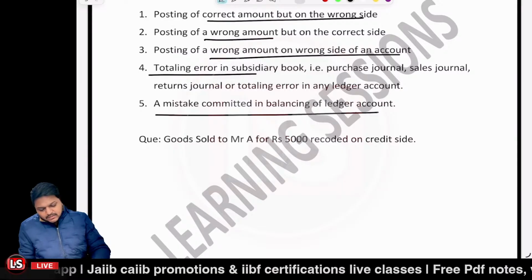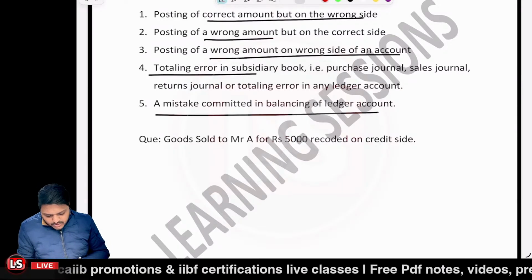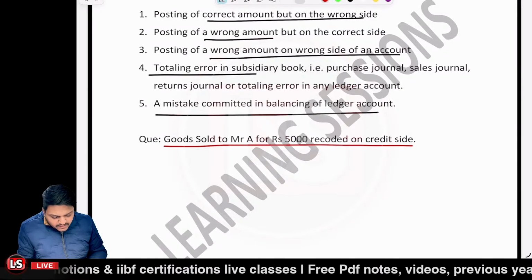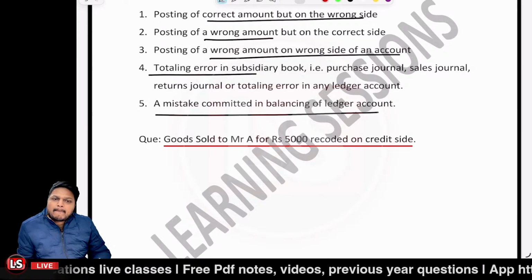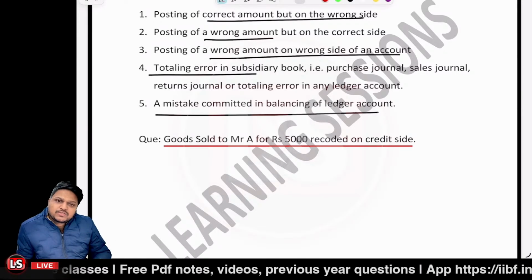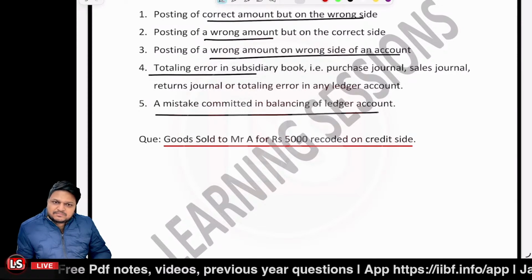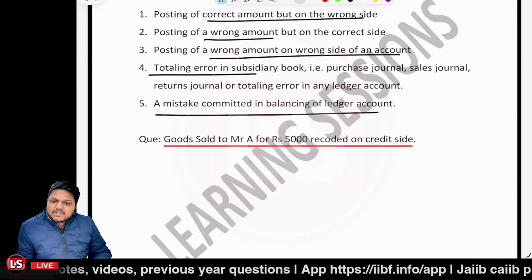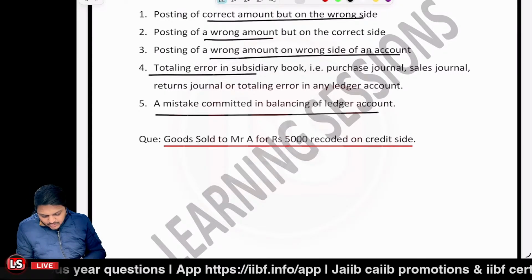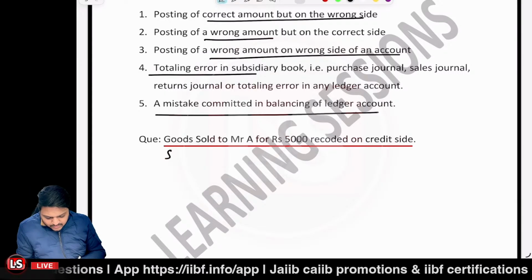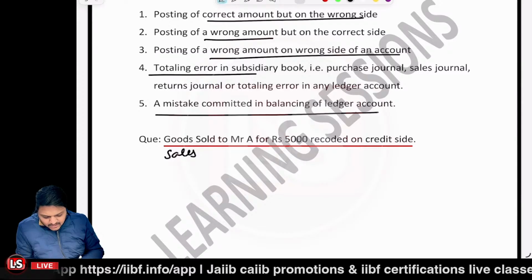It says, goods sold to Mr. A for rupees 5,000 recorded on the credit side. You sold the goods to Mr. A, right? What will be the journal entry? Goods sold means sales account.